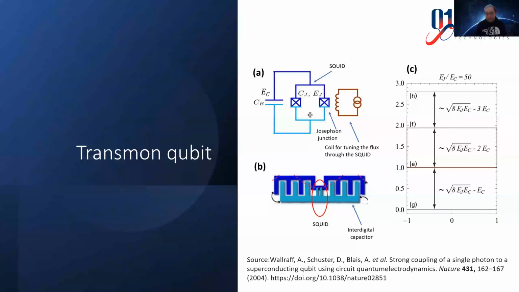On the right-hand side in figure C, you see the different energy levels with their corresponding transition frequencies. As we will see later, this transition frequency is proportional to the geometric mean of the capacitor and inductor characteristic energies, which are EJ and EC. EJ is the Josephson energy and EC is the charging energy. We'll see later how this transition frequency is calculated.